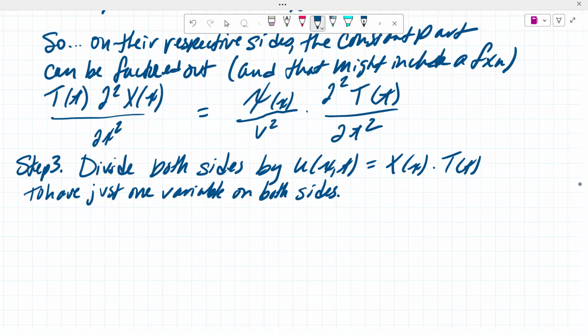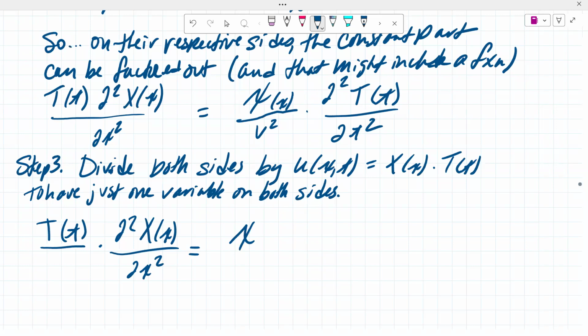So let's bring this along, and then we're going to do our division. Okay, so I'm going to write it like this. T of t, right? That was our constant, over something times d squared X of x over dx squared equals, now we've got our equation over here, X of x over v squared. Let's go ahead and make this line a little longer, anticipating what else I need to do.